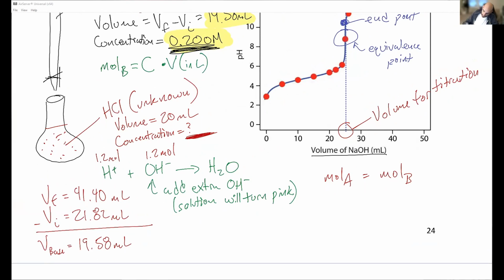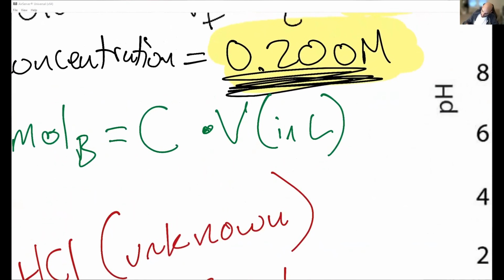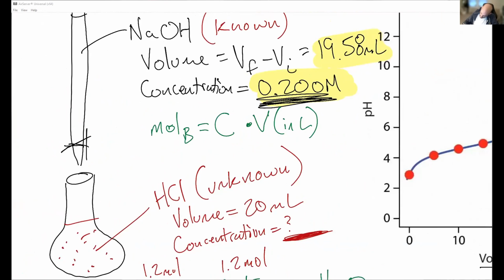So we have to plug those in. So let's take a look at what we've got. Let me zoom out. So my concentration is 0.200. I'm going to use the full units, moles per liter, times the volume, and my volume is 0.01958 liters. Liters will cancel, leaving me with moles of base.